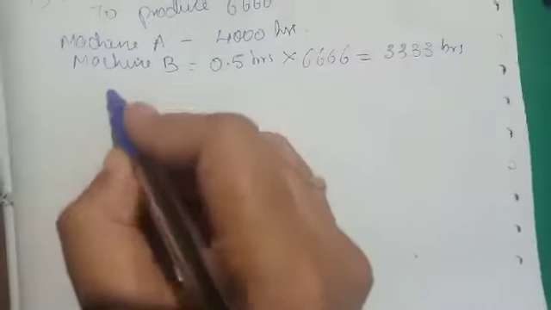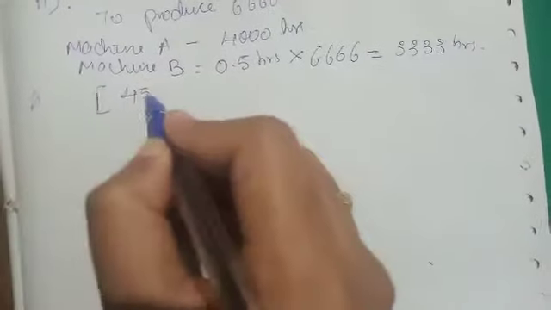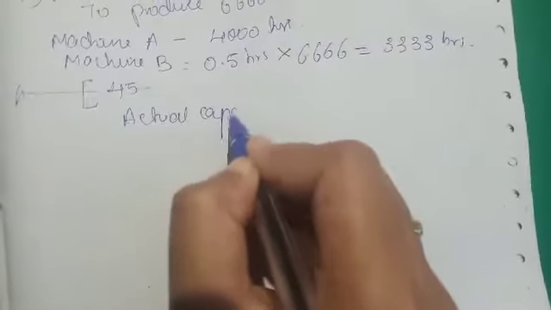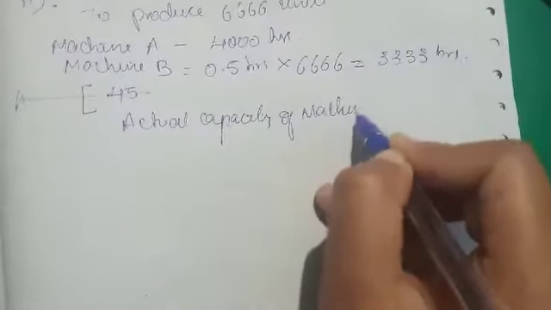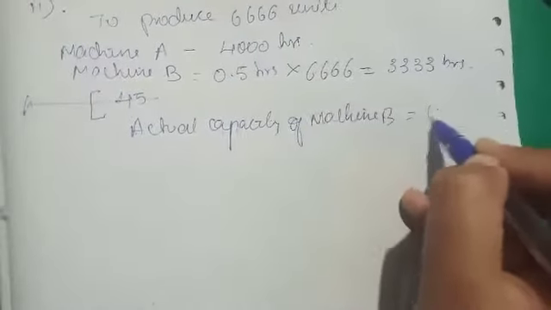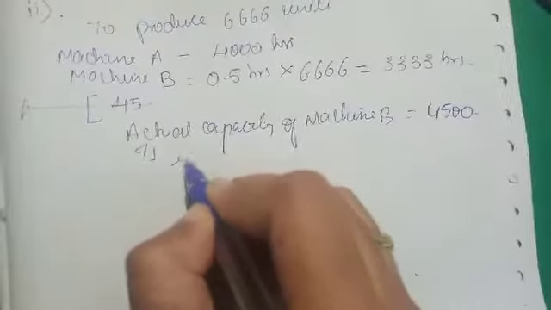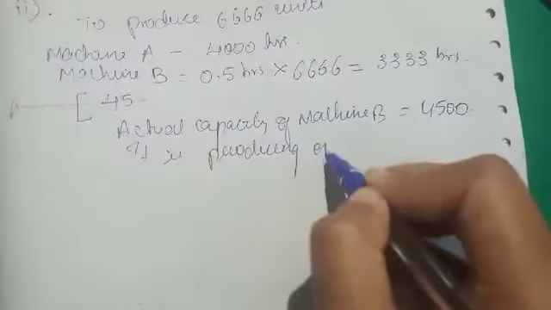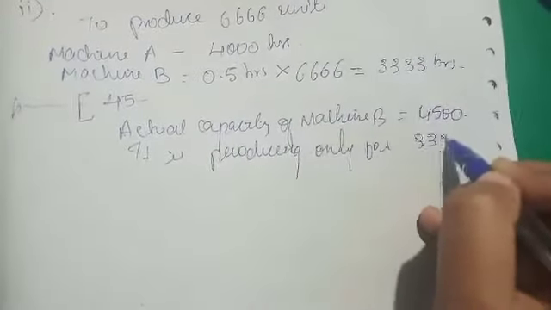So the actual capacity of machine B is 4500. I will write it here. Actual capacity of machine B is 4500. It is producing only for 3333 hours.